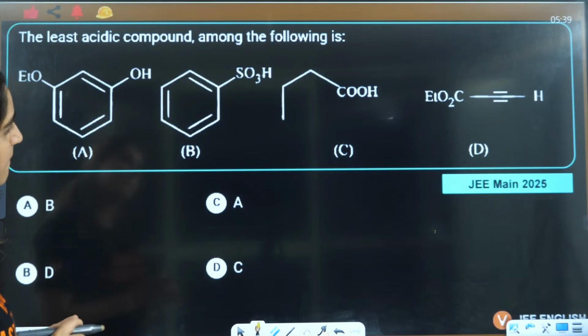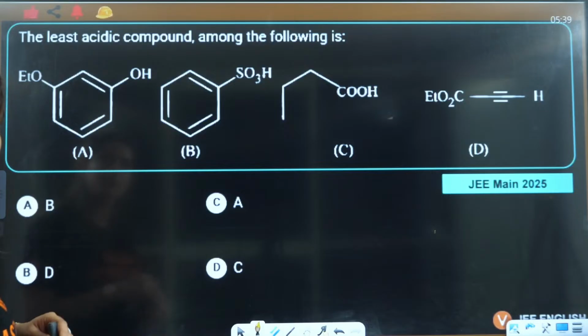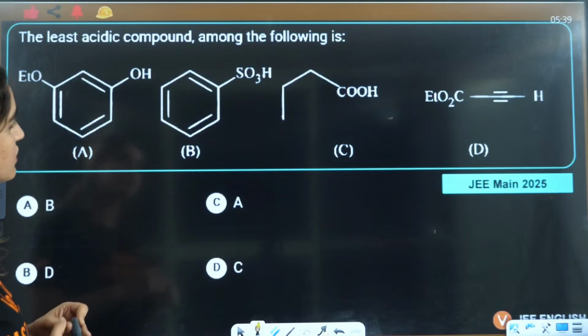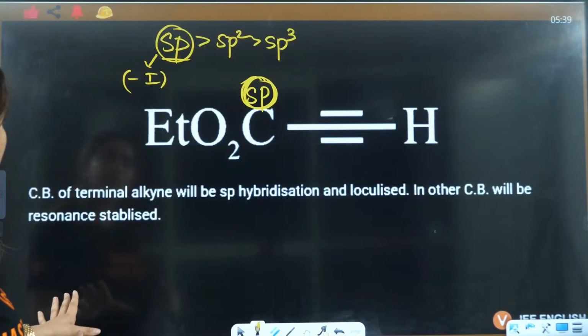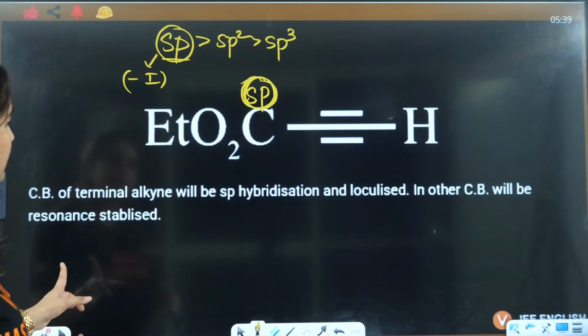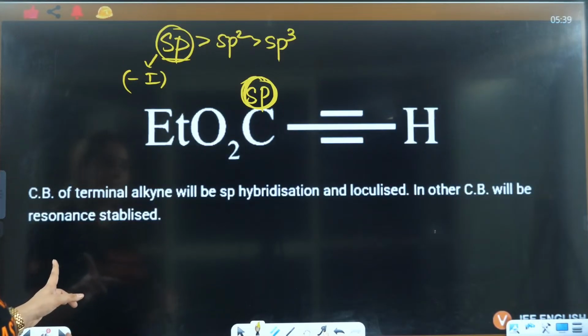Wait a minute. Carbanion, least acidic. If you talk about this thing, this will be COOEt here. Wait a minute.